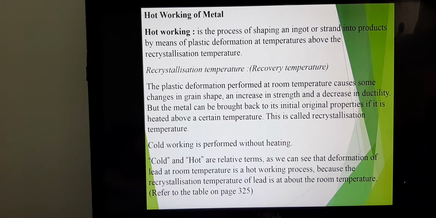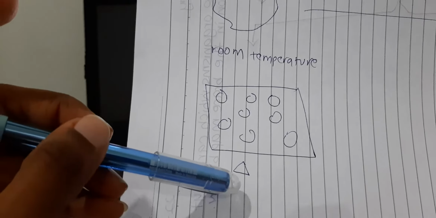Now your first step is to apply heat. So when you apply heat, what happens to the atomic structure within that ingot? The atomic structure will start to absorb the heat energy, and it starts to vibrate.